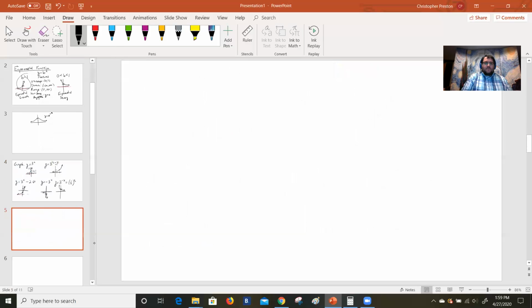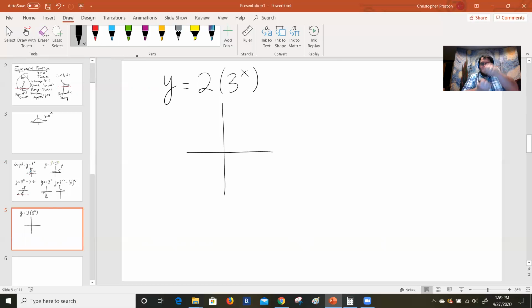All right, and then I want to do one more example here. y equals, let's say, 2 times 3 to the x. Well, again, order of operations, you do exponents before multiply. This is not 6 to the x. This is 3 to the x times 2. Well, what that does to the graph is it's a vertical stretch by doubling the height.